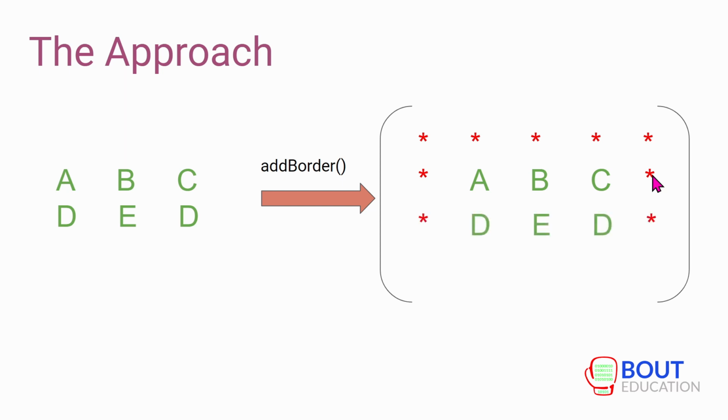We're just going to loop through that picture, and at the end of the picture, we need to add another bottom border, very similar to what we did in the top border. So this will be the approach of this algorithm problem. Pretty straightforward. Let's get to coding.